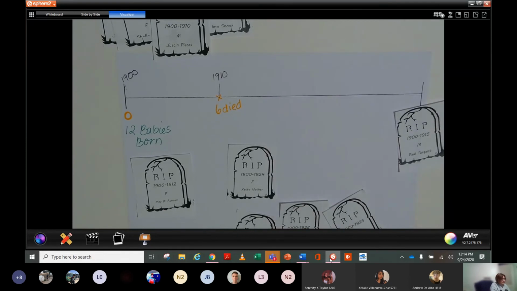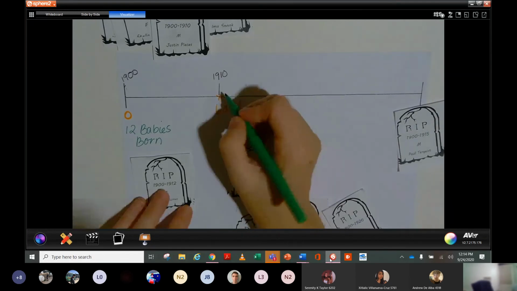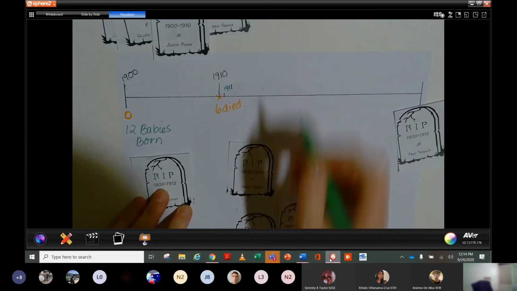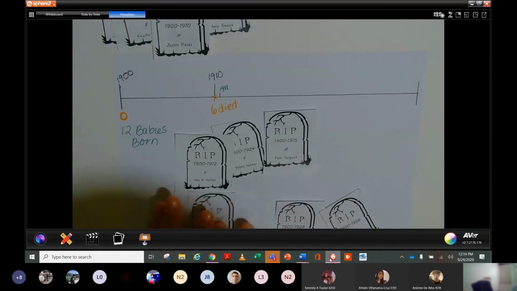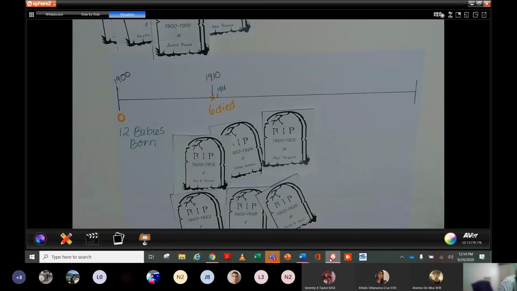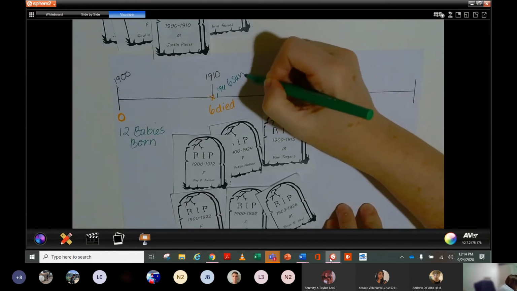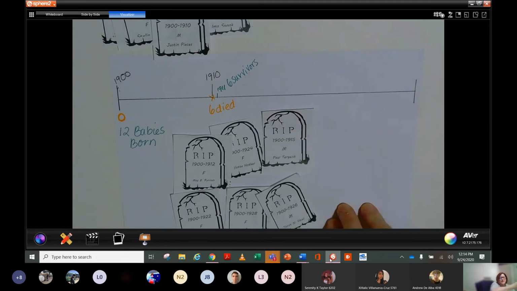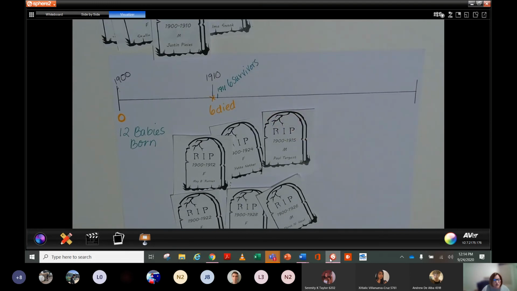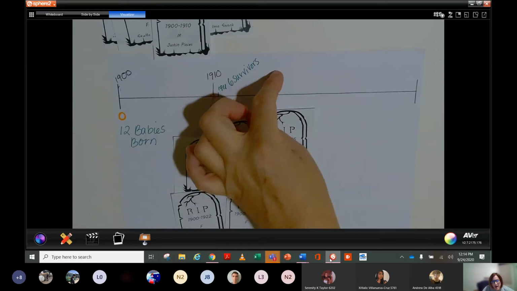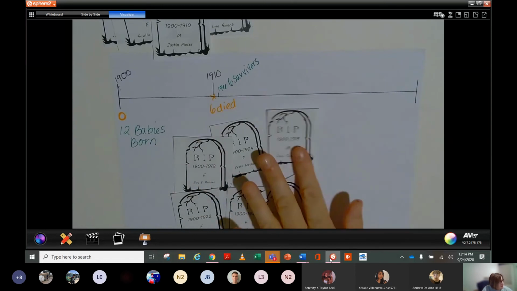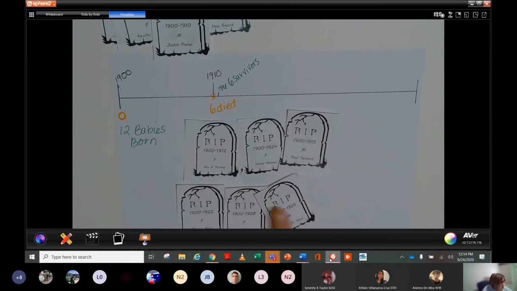So in 1911, these people were still alive. So 6 of them survived to be 11. So you'd say 6 survivors. That's what they call them, survivorship curves, because who died versus who survived. So these 6 survived.